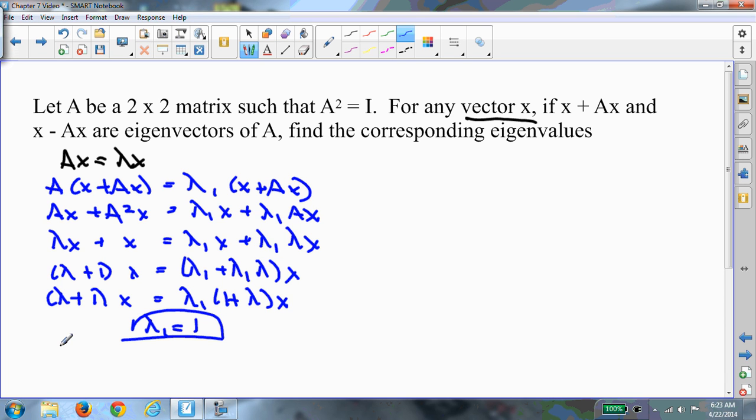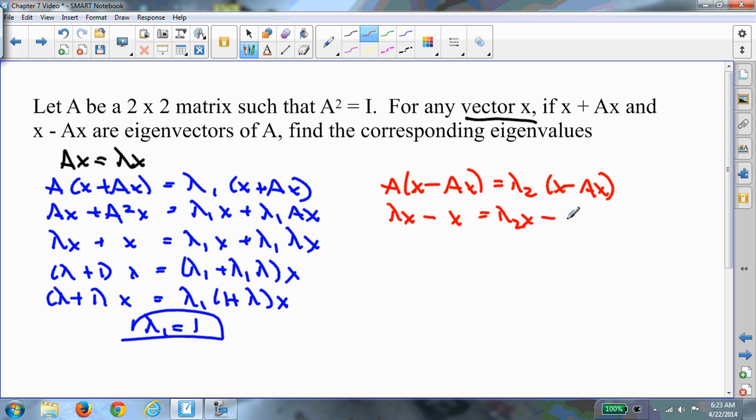Same idea here. Let's say I have A(x minus Ax) equals lambda 2 (x minus Ax). If I expand this out, I get Ax, which equals lambda x, minus A squared x, but A squared is I, so that's just x, equals lambda 2 x minus lambda 2 lambda x.